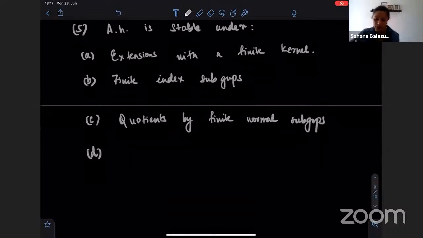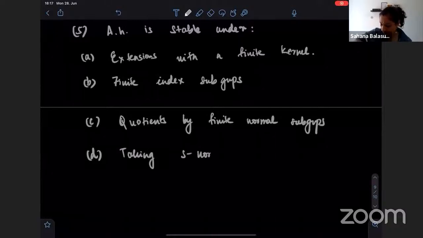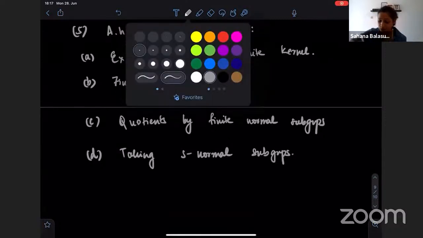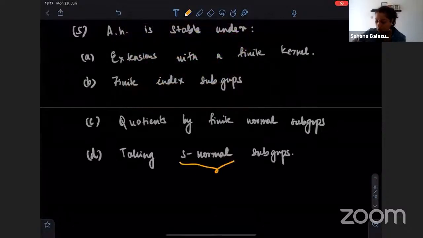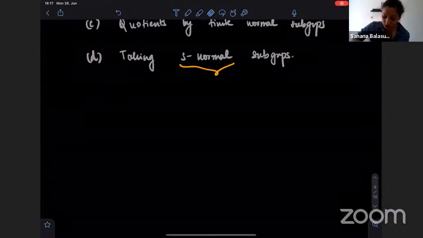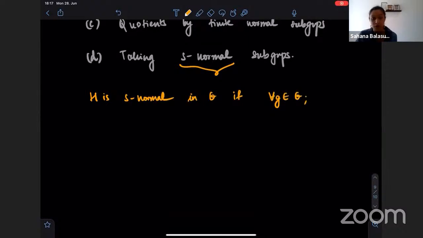And perhaps most importantly, it's stable under taking S-normal subgroups. And you may wonder, what exactly is S-normal? Well, S-normal says, so let me write it this way, H is S-normal in G if for every element g of G, the following is true.